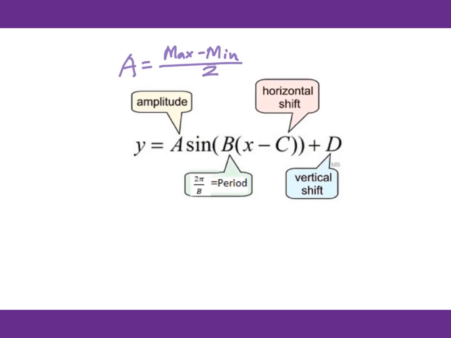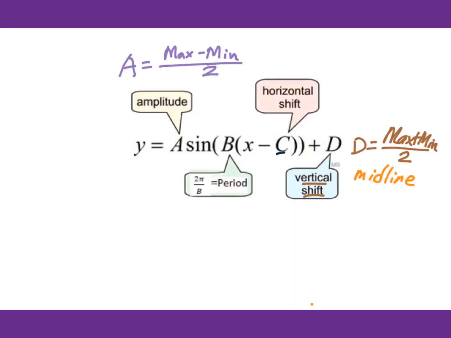Then for this d, we call vertical shift. D equals maximum plus minimum over 2. So for this d, we call this a midline. It's a middle point between maximum and minimum.